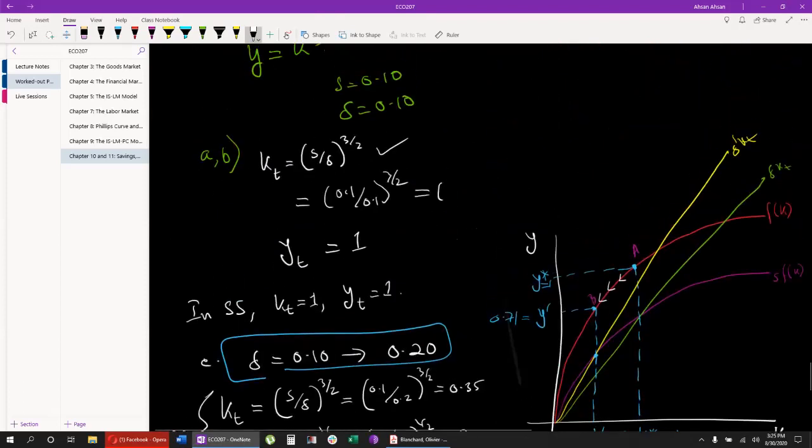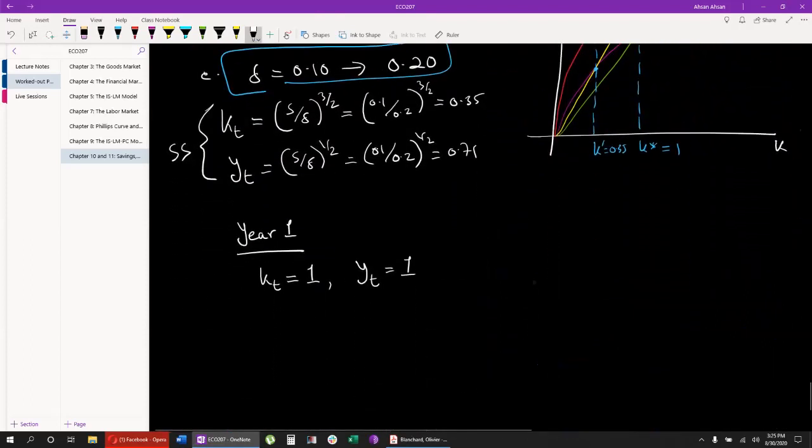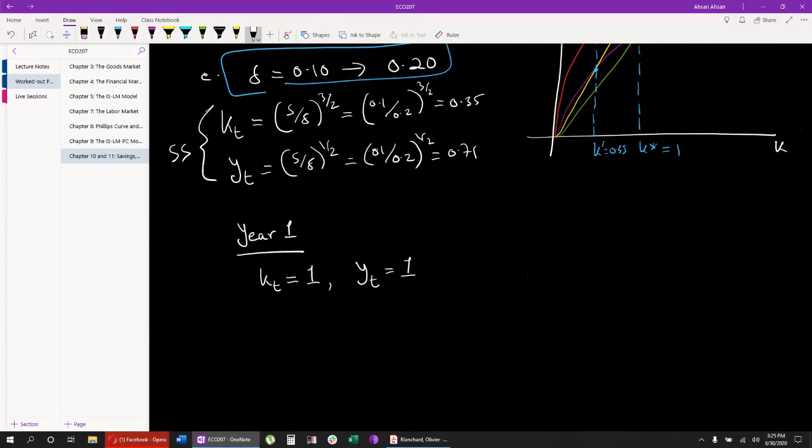Remember, we had already calculated them in parts A and B. After this, depreciation changes. Depreciation used to be 0.1, then it becomes 0.2. As a result, things are going to start changing gradually.